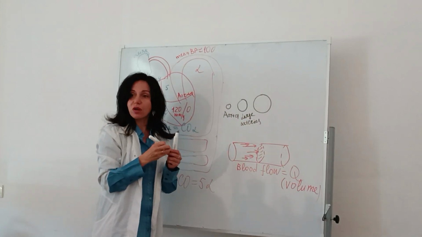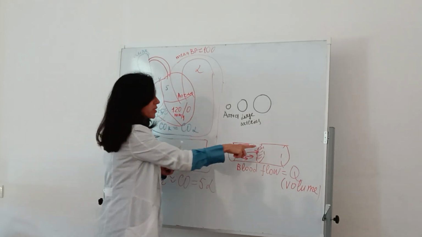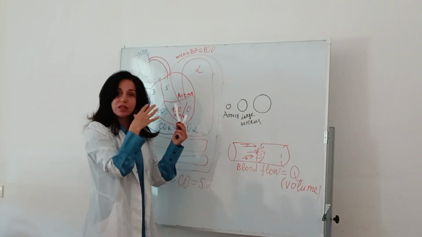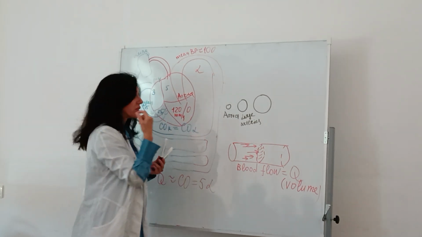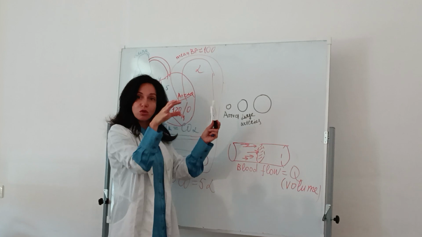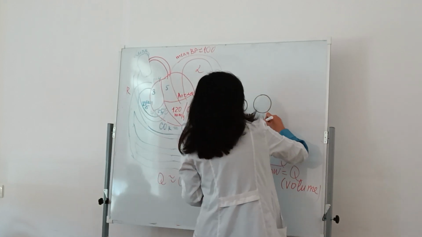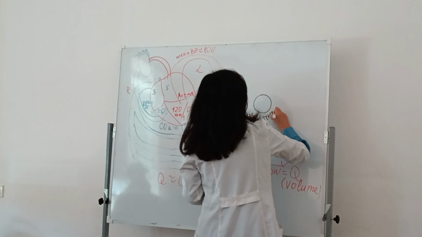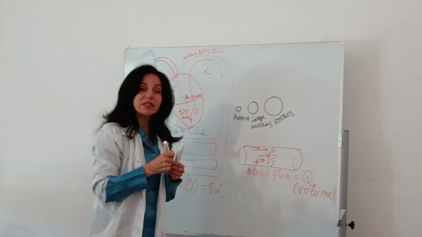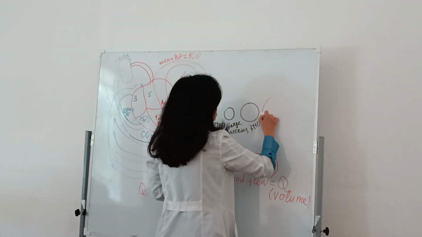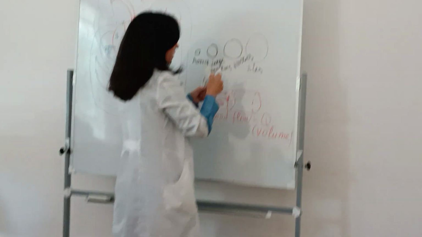The body has more muscular arteries, so this circle means the total cross section of this type of blood vessel. One aorta, small because it is single. More large arteries, total area more. Then muscular arteries, then arterioles, then capillaries.